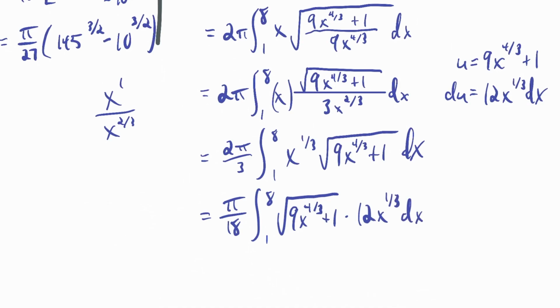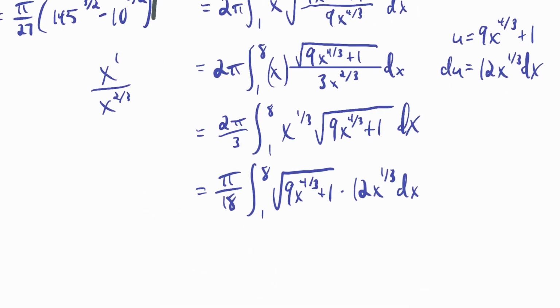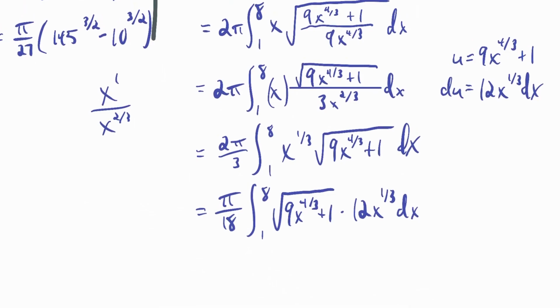Okay. So now when I switch over to u, my bottom limit of integration will become 10. My top one, well, 8 to the 4/3 power, well, cube root of 8 is 2, to the 4th power 16, times 9 is 144, plus 1 is 145. Maybe that sounds familiar.